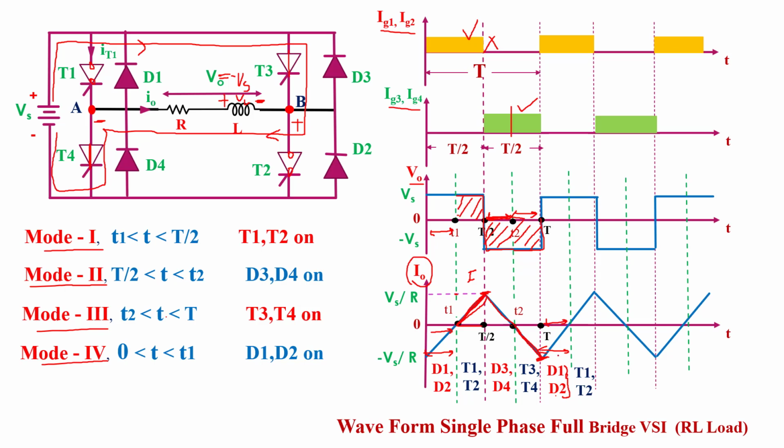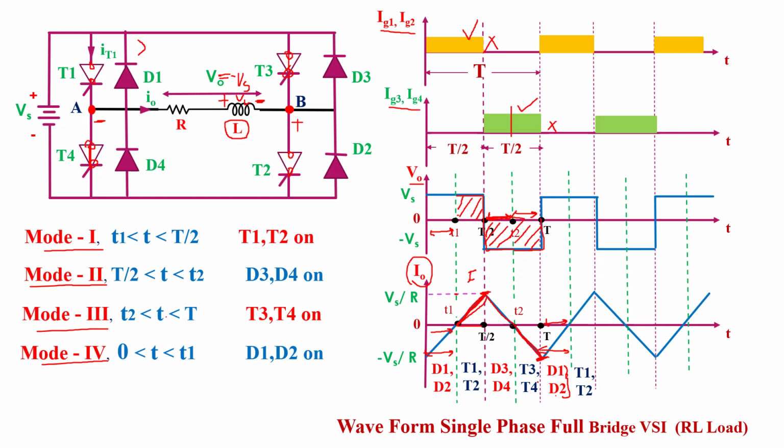So in this time interval, we remove the gate pulse from T3 and T4 thyristors. So this time T3 and T4 thyristors will be turned off and behave like an open switch, and due to turning off T3 and T4, the load current cannot reduce to zero instantaneously, because the inductor cannot change current instantaneously.